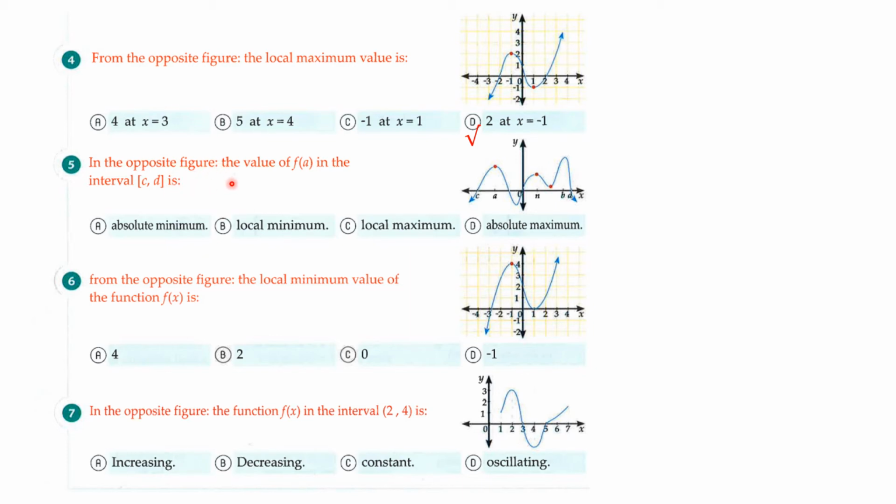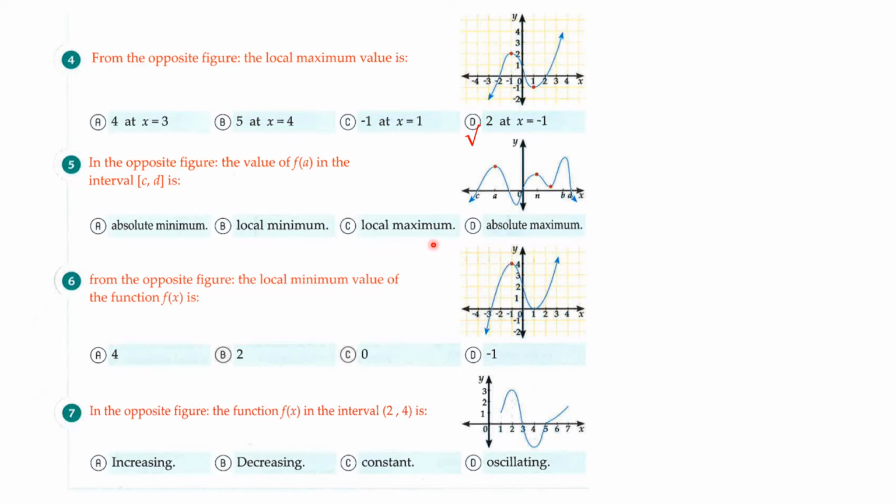In the opposite figure, the value of f of a in the interval c closed until d. The value of f of a, let's see the answers, is absolute minimum. This a, is it an absolute minimum? Is it a local minimum, local maximum? Anyways, I have to take something from the maximum.